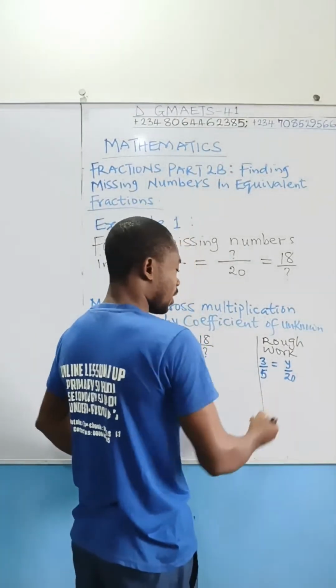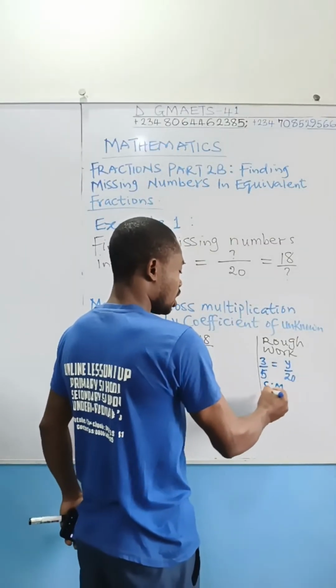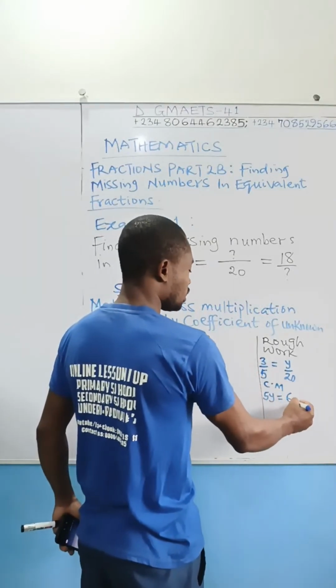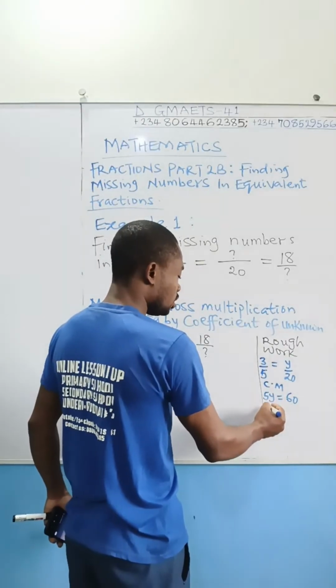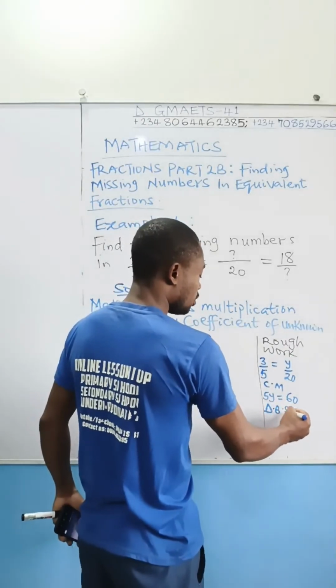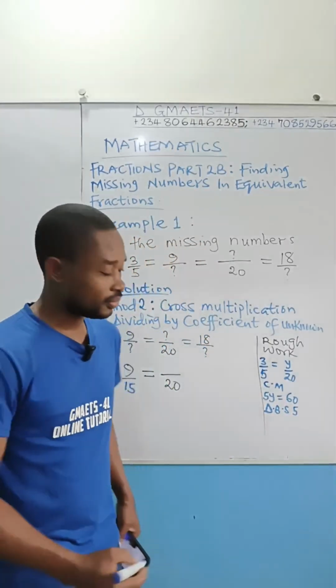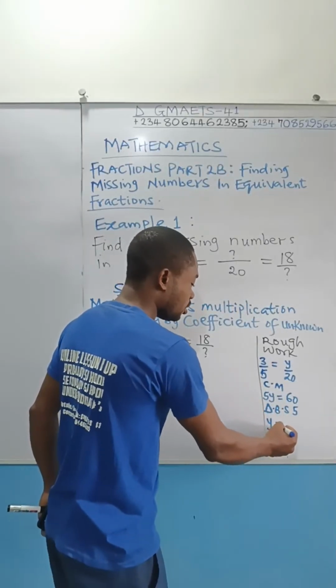Here we cross multiply. If I cross multiply, what will I get? I'll get 5y equal to 3 times 20, which gives us 60. Divide both sides by the coefficient of the unknown. The coefficient of the unknown is 5, so you're dividing both sides by 5. Divide 5y by 5, y will be left.